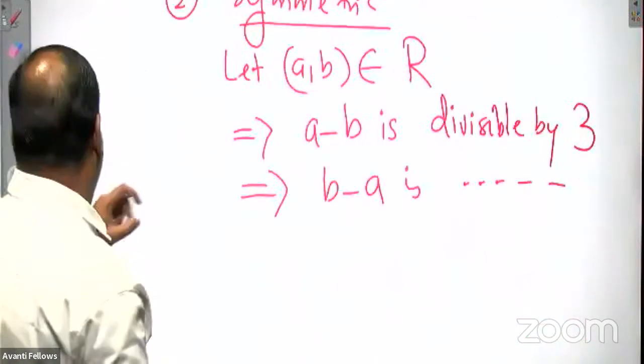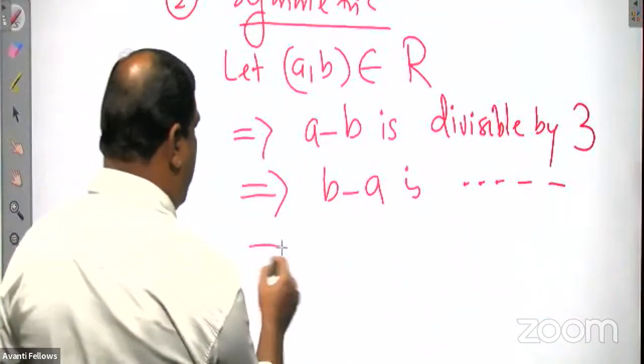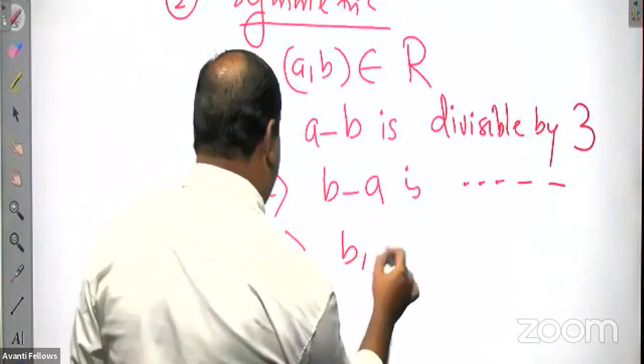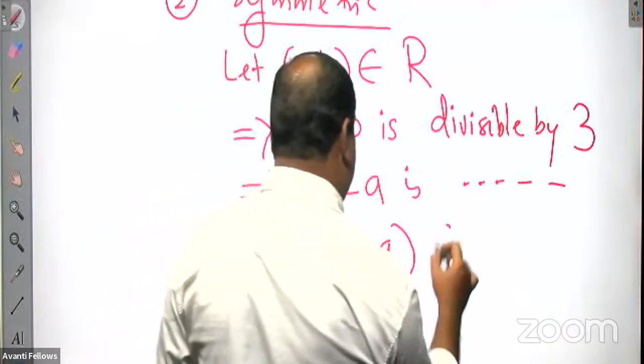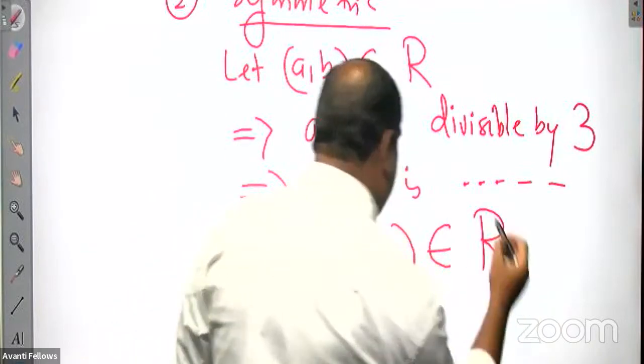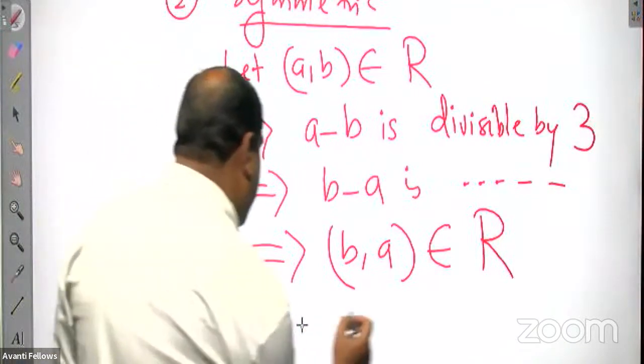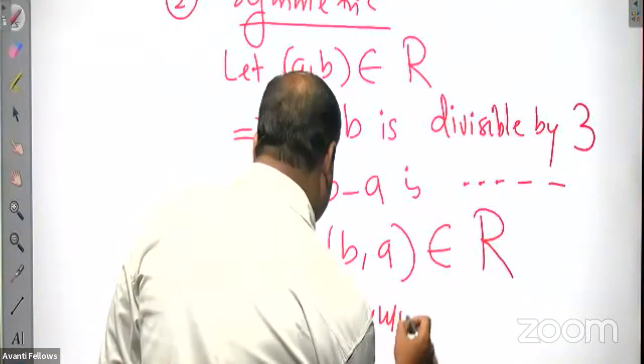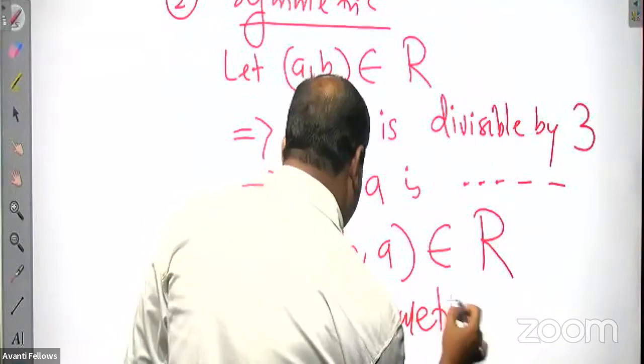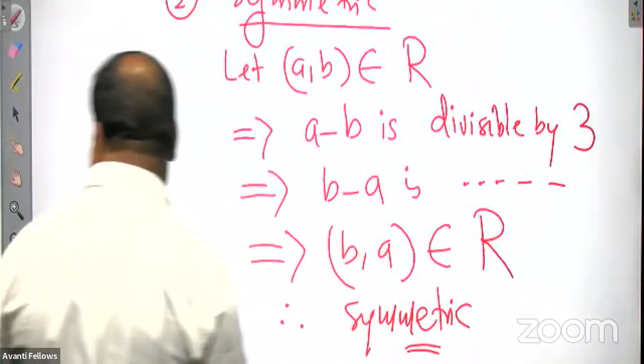So that implies B comma A belongs to the relation. B is related to A. So it is symmetric.